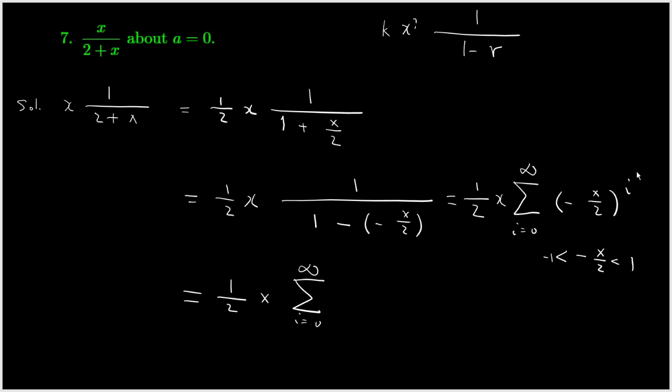You see the terms have alternating signs. Negative something to even power, you have a positive sign. Negative something to odd power, you have a negative sign. I think I said it right.